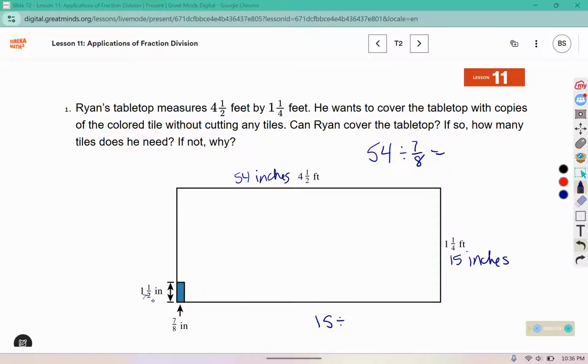Again, this can be converted to an improper fraction. 1 times 2 is 2, plus 1 more makes 3/2. Then we're going to change this to multiplication: 15 times 2/3. 15 times 2 is 30. And 30 divided by 3 is 10 tiles going up and down.